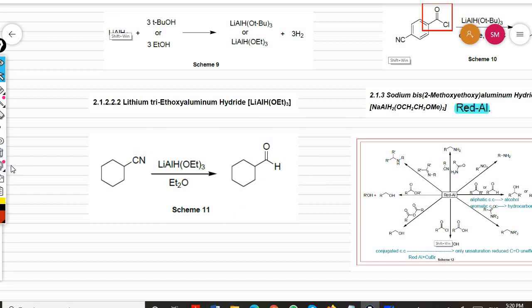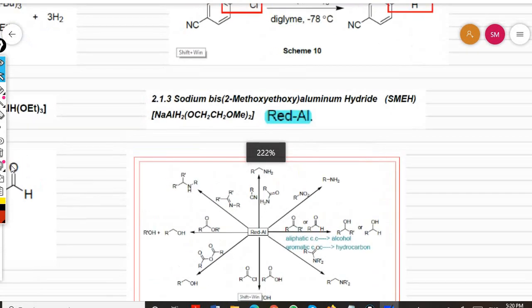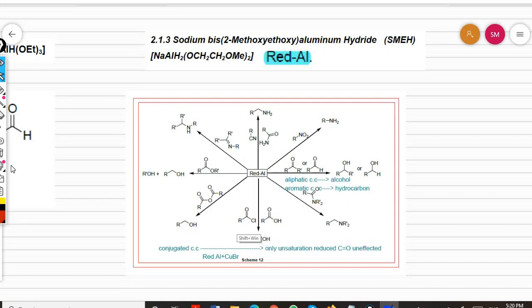Now the next modified reagent is sodium bis(2-methoxyethoxy)aluminum hydride. Aluminum has two hydrides and two methoxyethoxy groups.